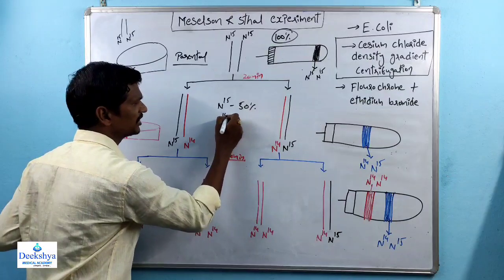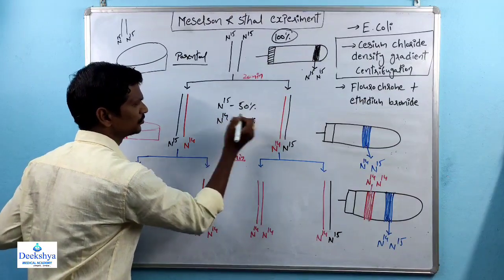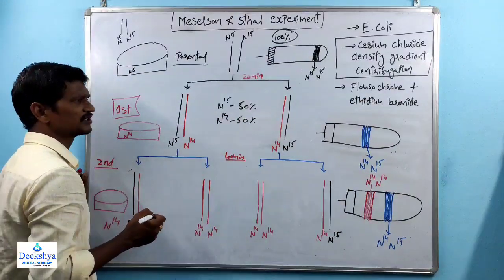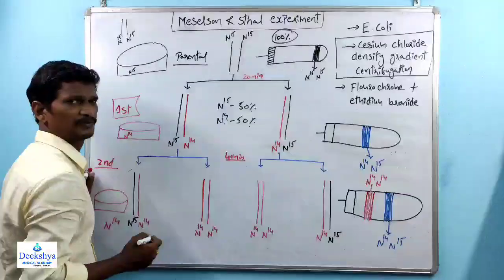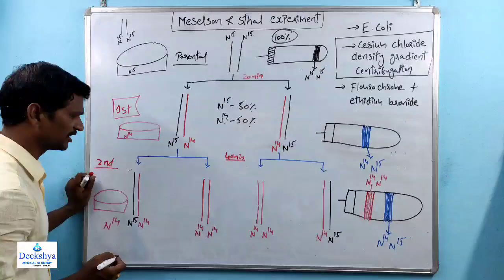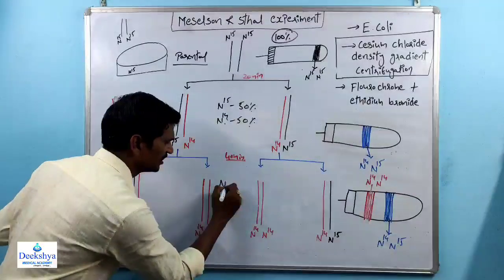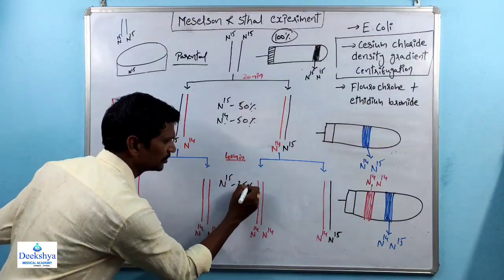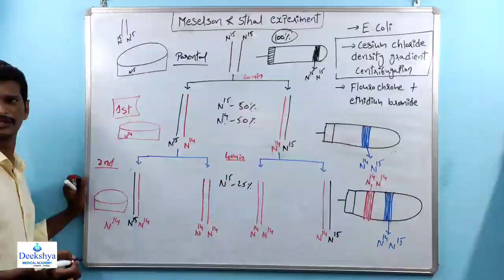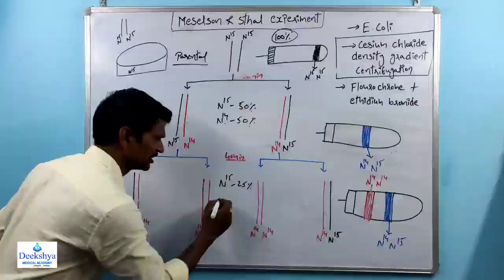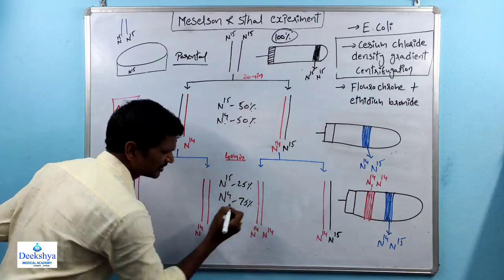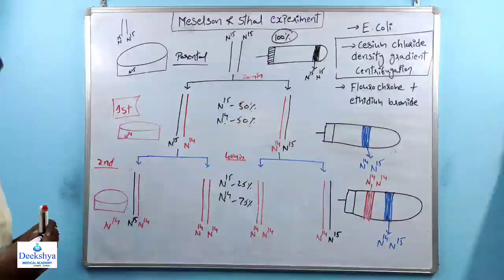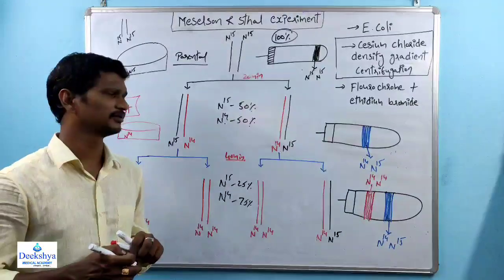N14 strands are 2, N15 strands are 2. That's the reason why N15 is 50% and N14 is 50%, right? And coming to the third generation, here N15 is 25% and N14 is 75%, right?